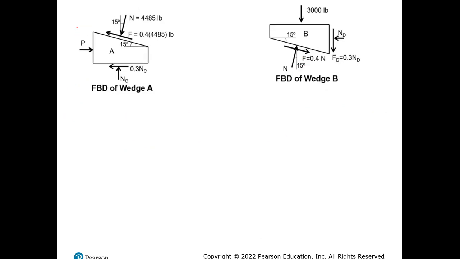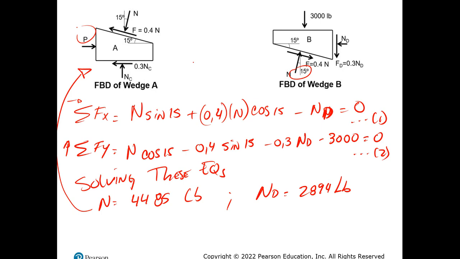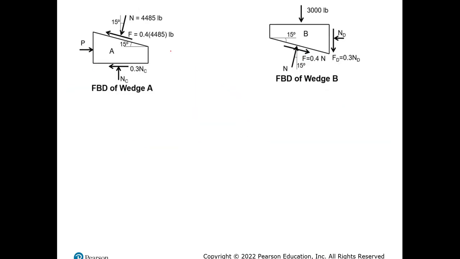So like I said, take all those values that you calculated and plug them into the free body diagram, as we can see here. Now we will focus on wedge A and apply the same process.